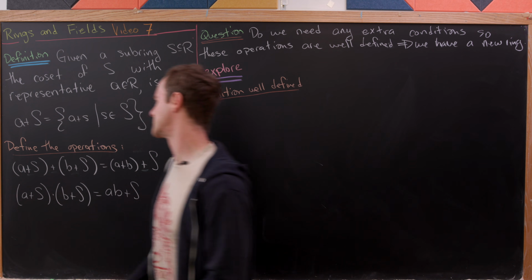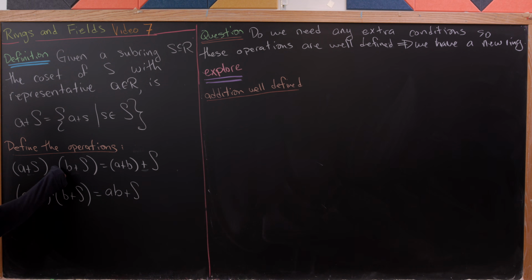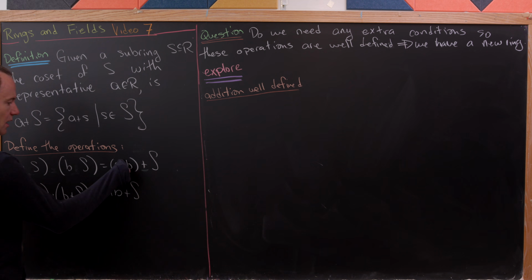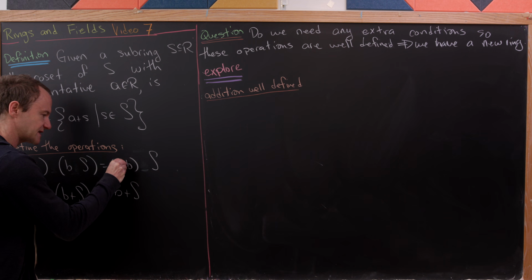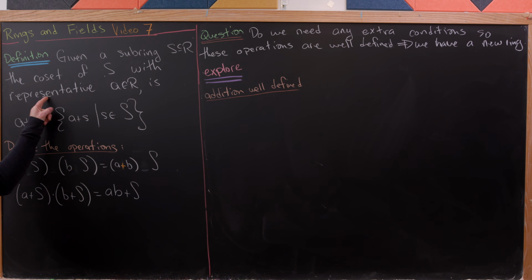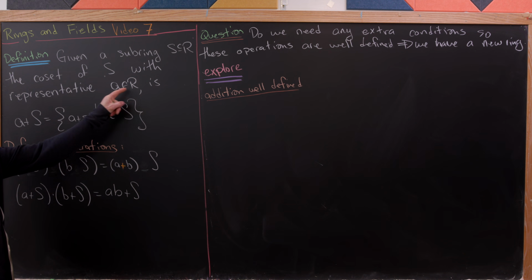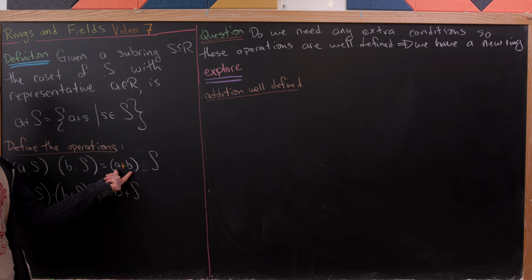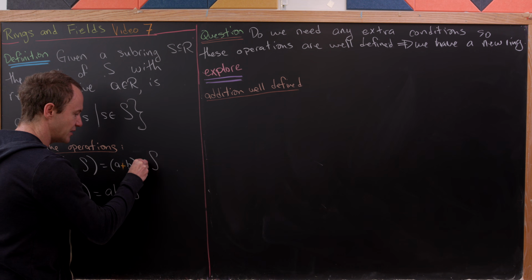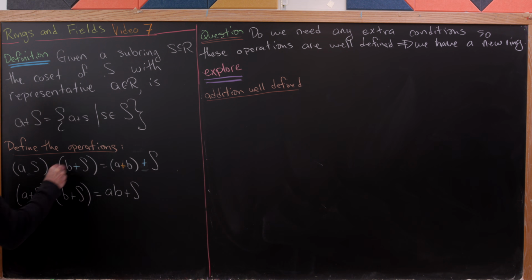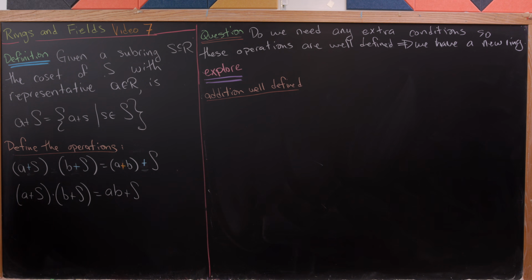So I'm going to maybe introduce some color coding. So let's maybe erase all of these pluses. And this orange plus that I'm adding in right here is addition inside of the ring R. So notice that A and B are inside of R, and this is the addition of A and B inside of R. Okay, and now this plus that I'm putting in blue is simply the addition symbol that we put inside of the definition of the coset.